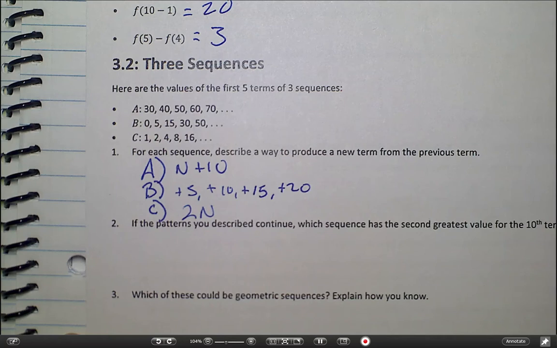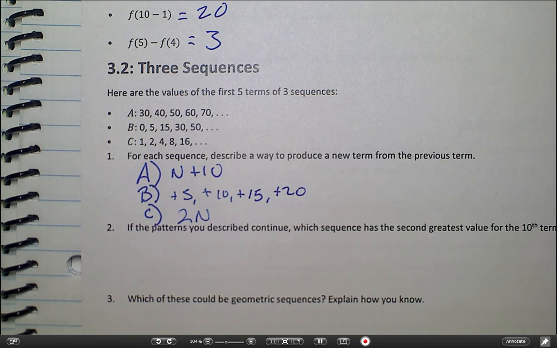Plus 10, so that would be letter A, right? Okay, do you guys all agree? Maybe? Okay, which one do you think is going to have the greatest amount? C? B? No, C. She said C. All right, we'll find out. But at 10 terms, never know.